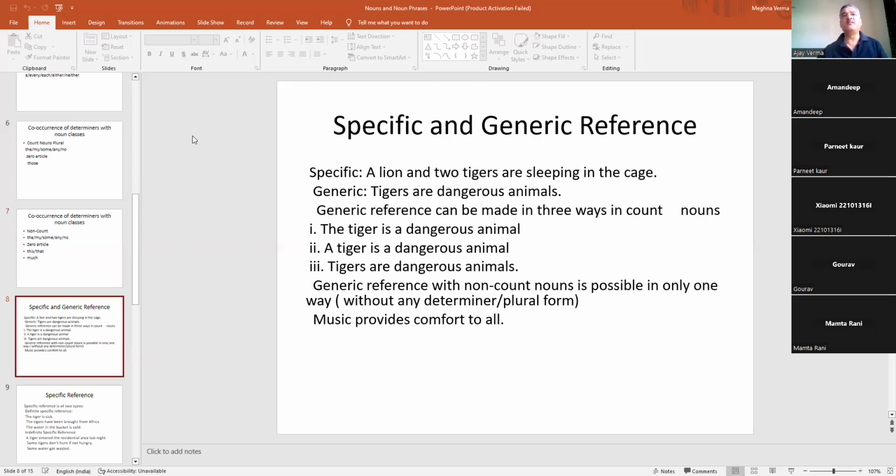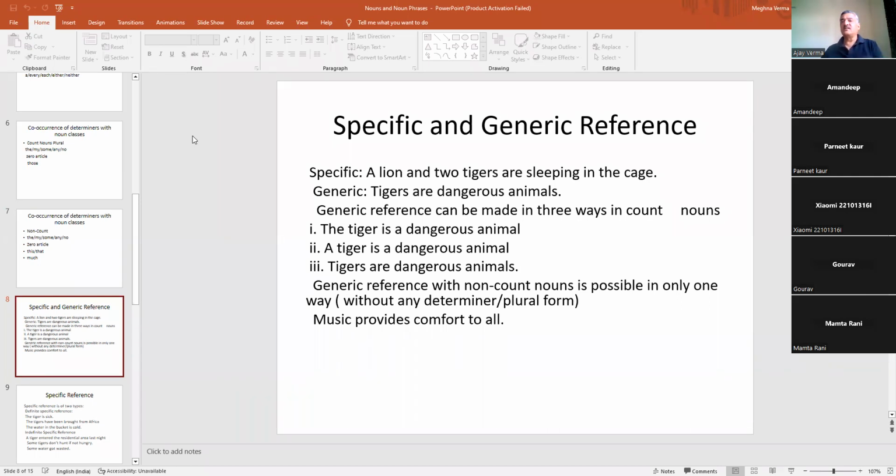So this is a very, very important issue when we deal with nouns. What do we mean by specific and generic? There are two kinds of references when we are dealing with nouns. And this is a very vital issue in deciding how the noun will be used and what kind of determiners will be used with it.